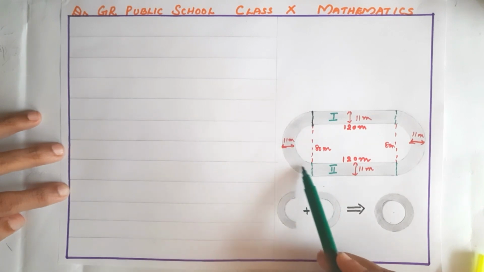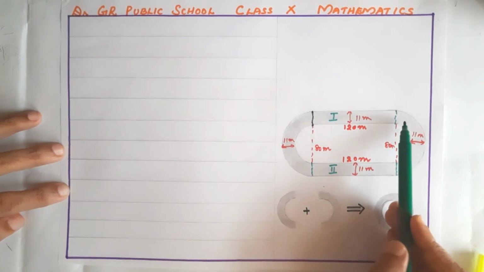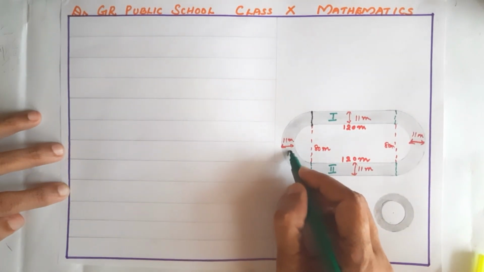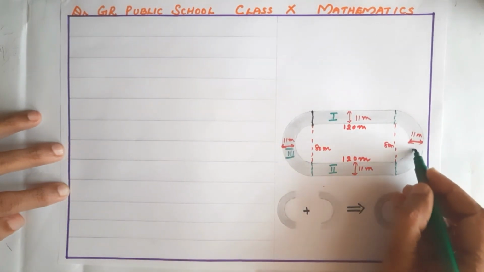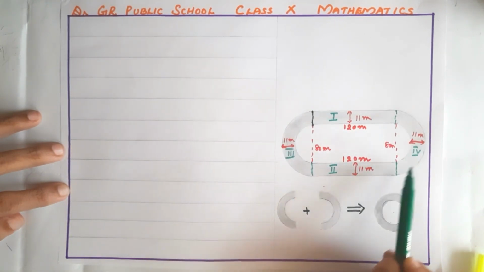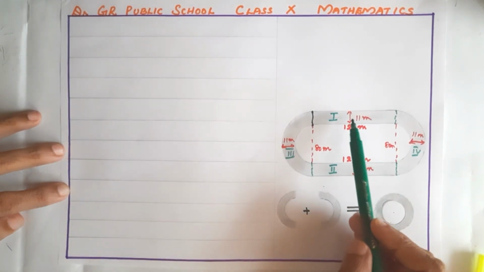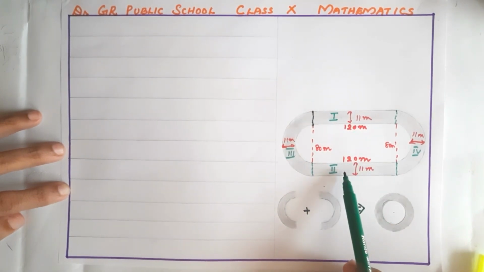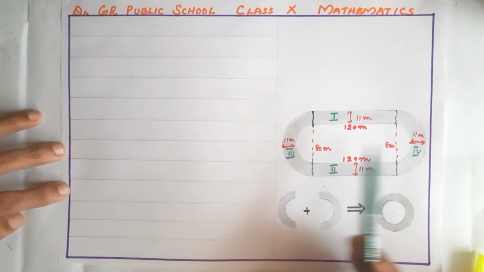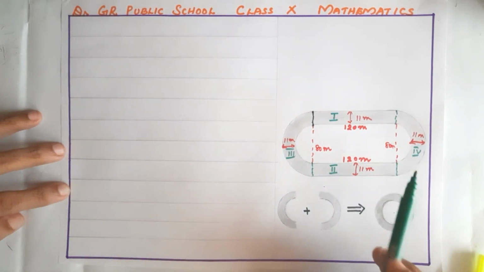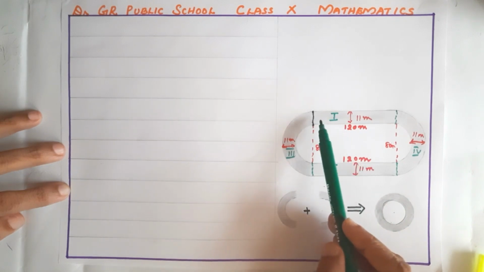So here one semicircular path, and here another semicircular path. So this is the third part, and this is the fourth part. Now the area of the track is area of this first portion plus area of second portion plus area of third and fourth portion.